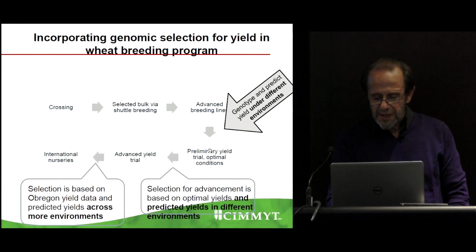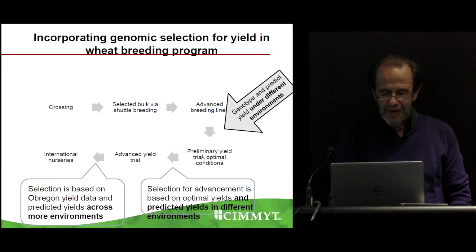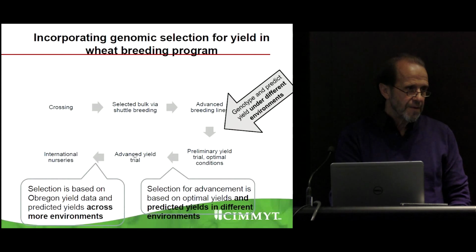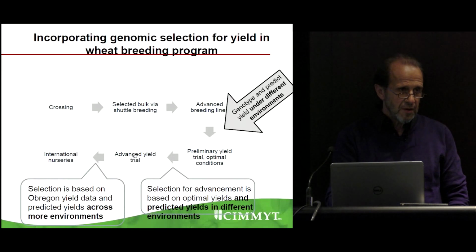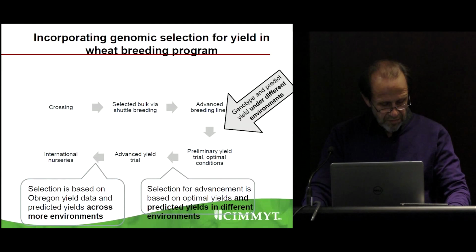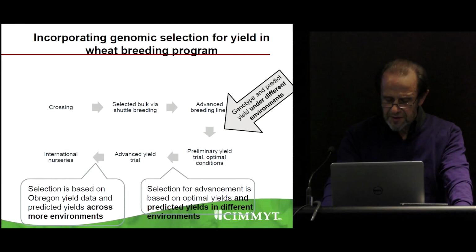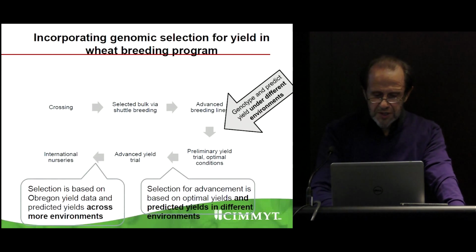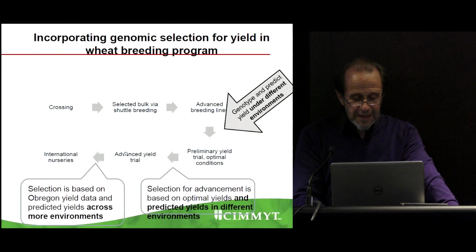Here we have about 10,000 lines in optimal environments, and then you select 1,000 and put them in 5 environments in CIMMYT: optimum, heat, drought, severe drought, and soil management, zero tillage or something. So this is the advanced yield trials, and then from here you send it to the 3 sites in India, and some of them go to international nurseries.